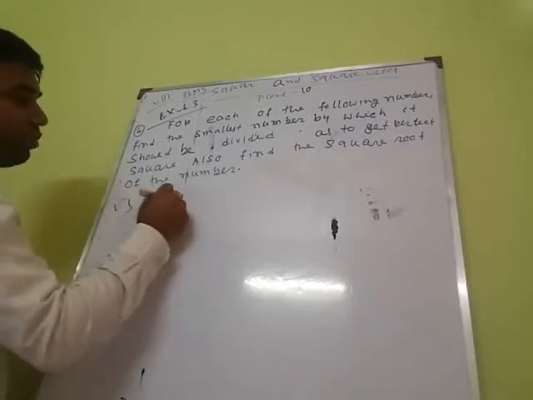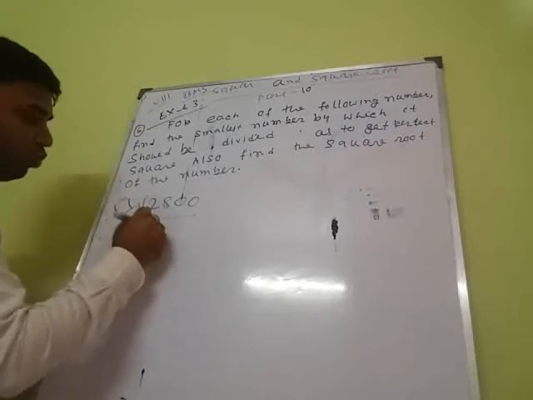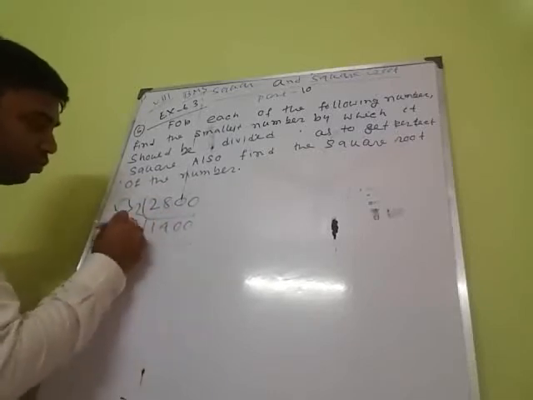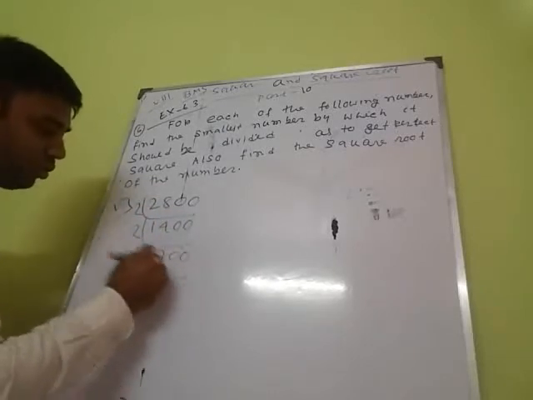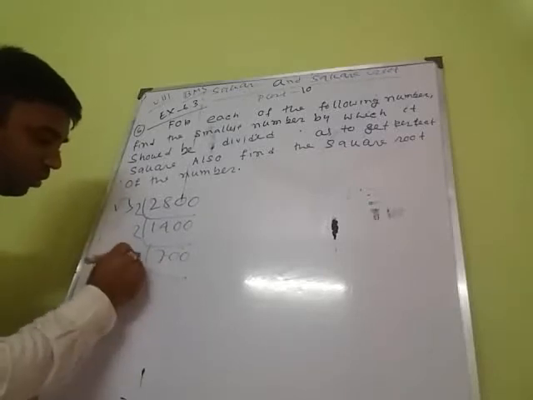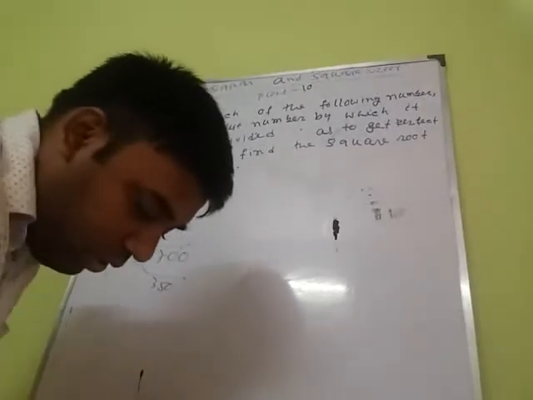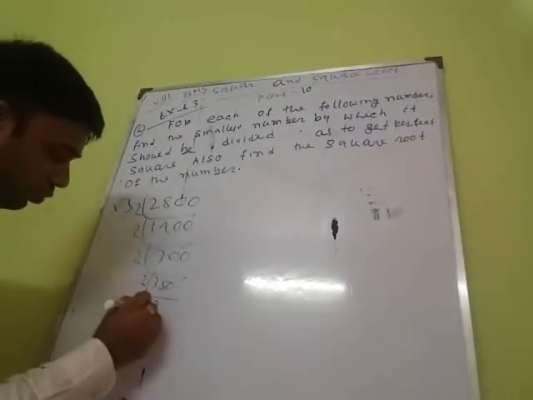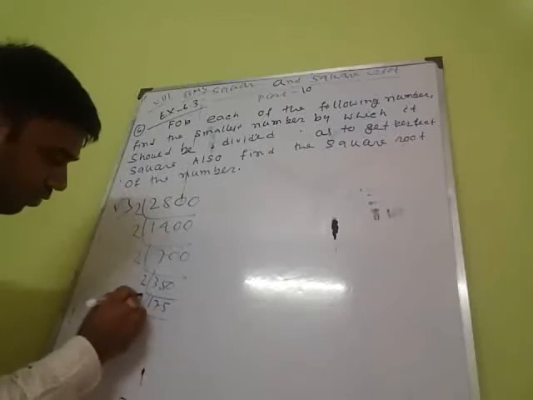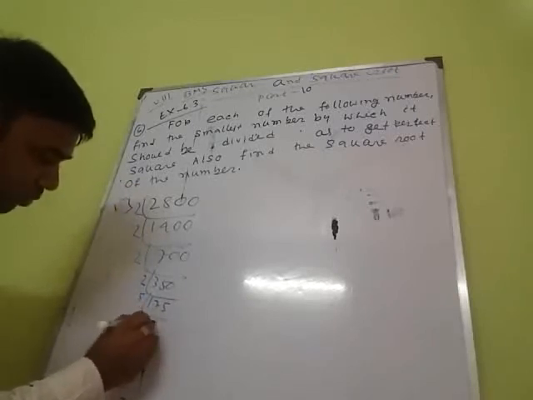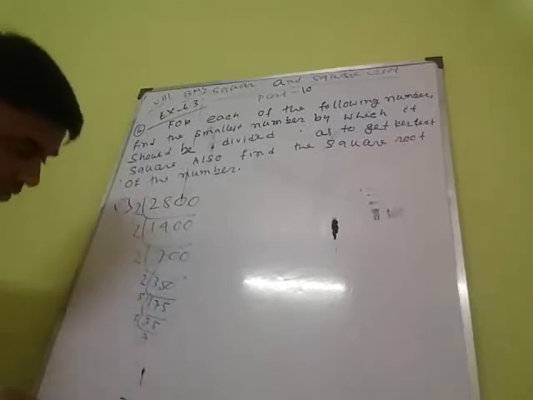So 2800 gives 1400, then 700, then 350, then 175, then 5 and 7.